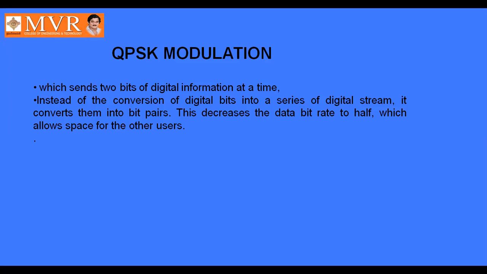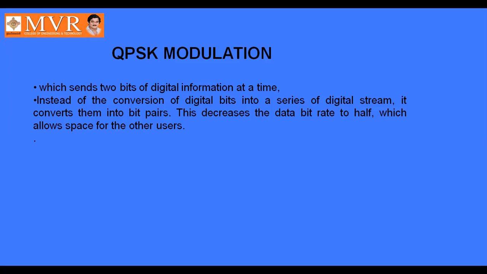In PSK modulation, we are considering only zeros and ones, so 0 is treated as one group and 1 is treated as another group. But in QPSK modulation, we are combining two bits. So 00 is treated as the first group and 01 is treated as a second group.